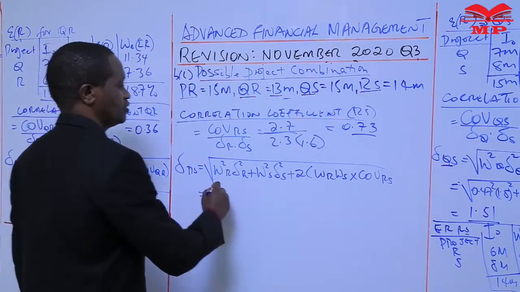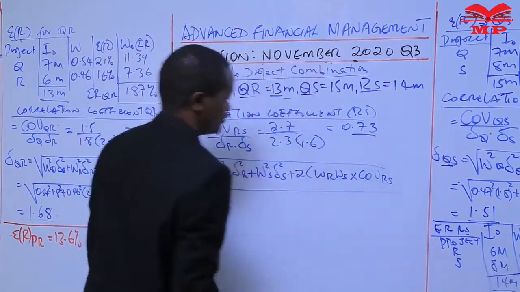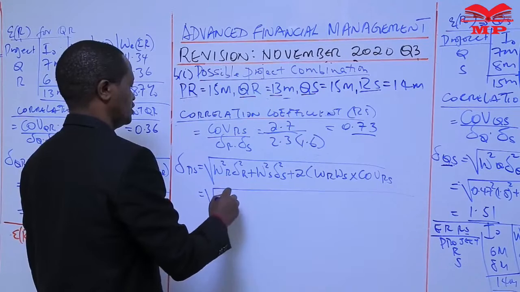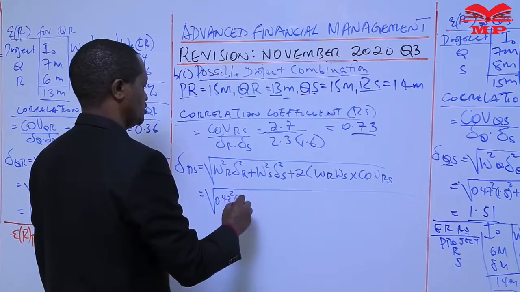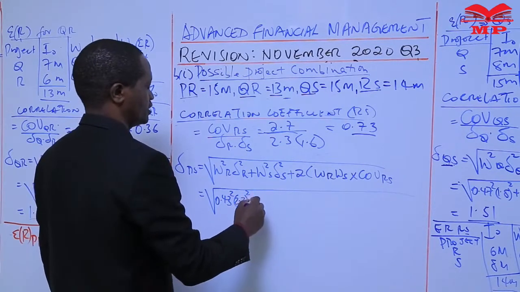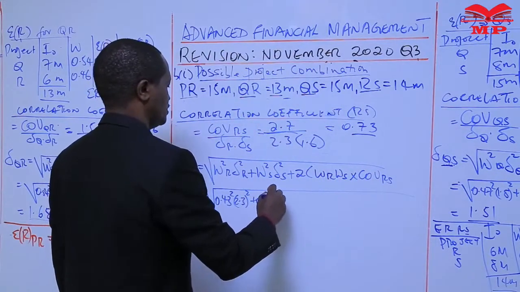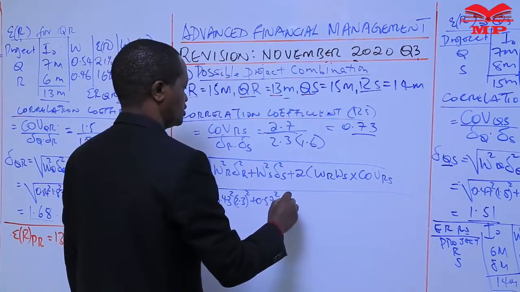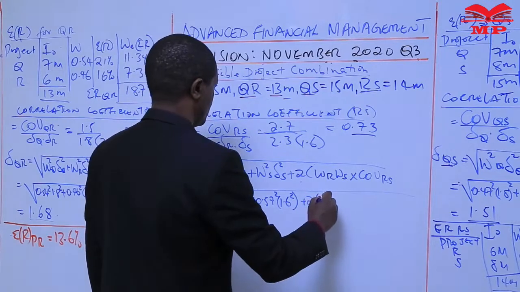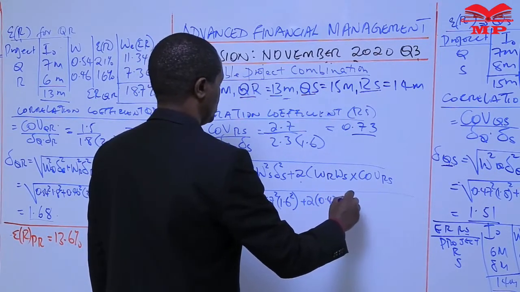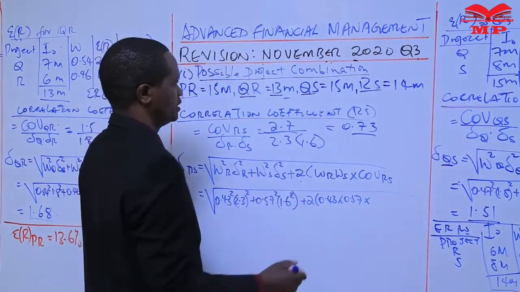This is equal to the weight, we have it 0.43 squared, the standard deviation 2.3 squared, plus weight 0.57 squared, standard deviation 1.6 squared, plus 2 times weight 0.43 times weight 0.57 times covariance, we have it 2.7.